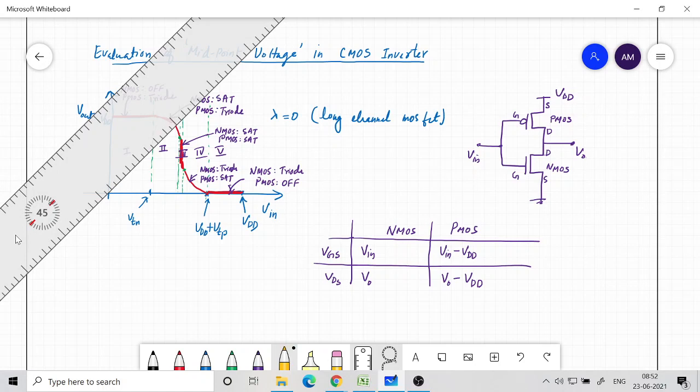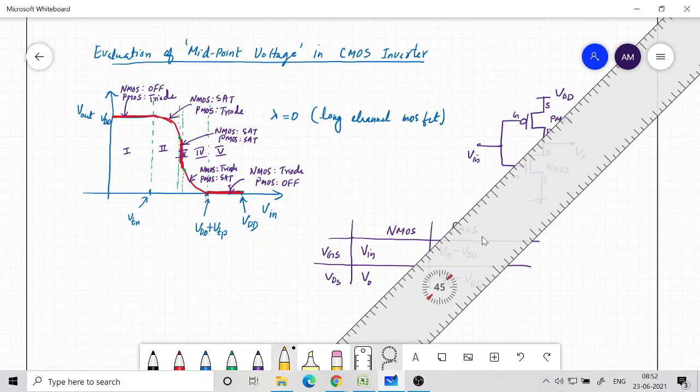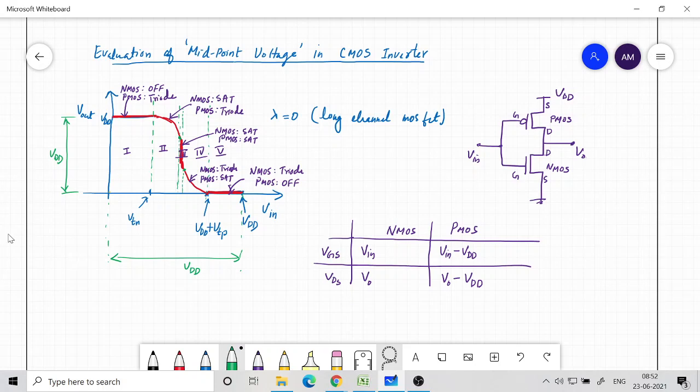I think there is an error in the scale I have used, because the distances I am using for the x-axis and y-axis are not really symmetric. This is the VDD distance here, whereas here my VDD is less. So if I draw with exactly 45 degrees, it will not be correct.